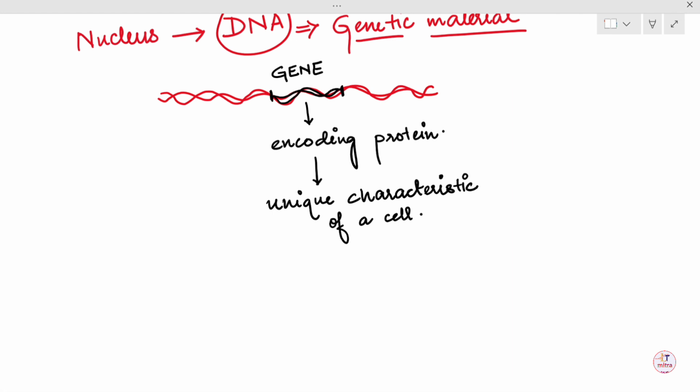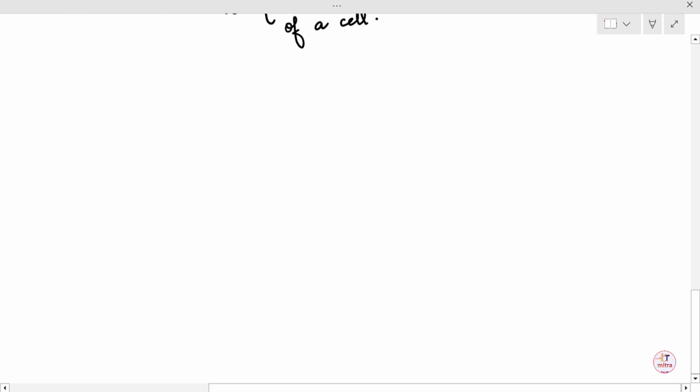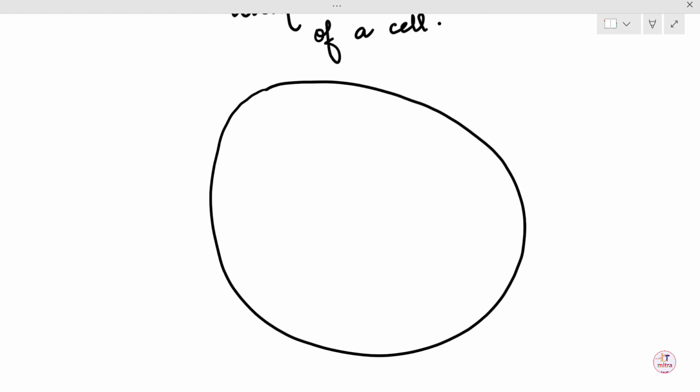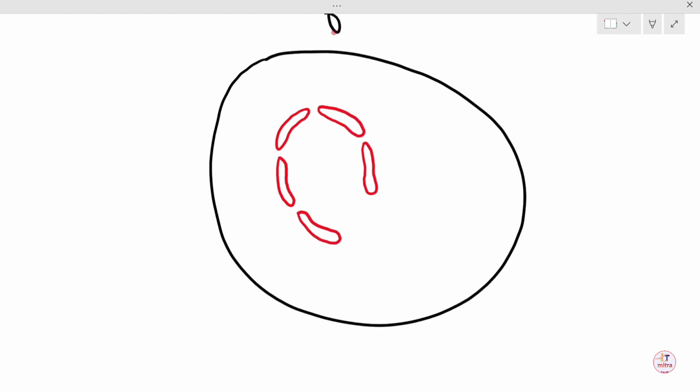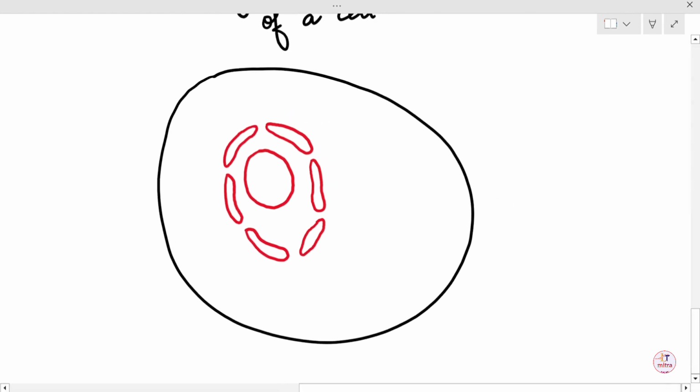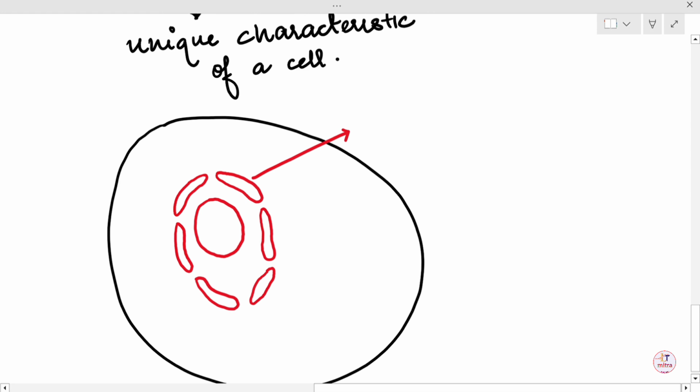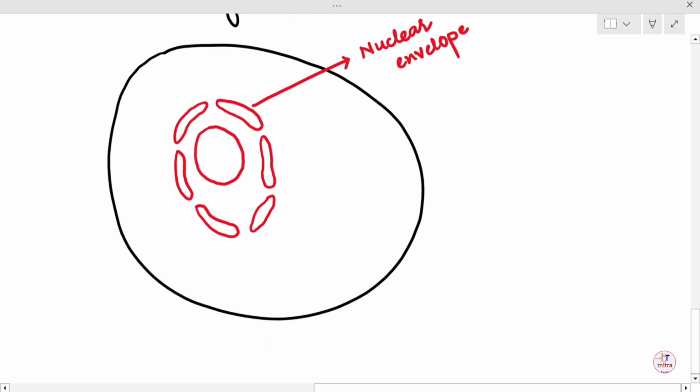Now, if we see the structure of a nucleus, this is a cell, this is the nucleus, and this portion is the nucleolus, and this covering is the nuclear envelope, or we can say nuclear membrane.